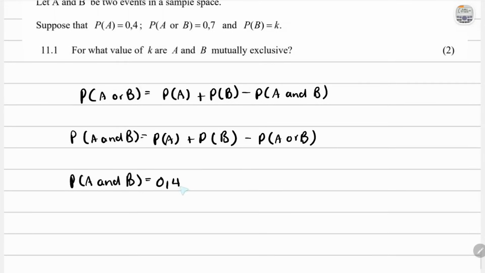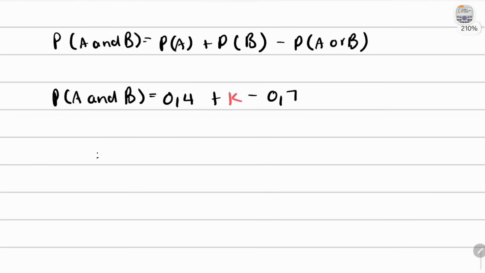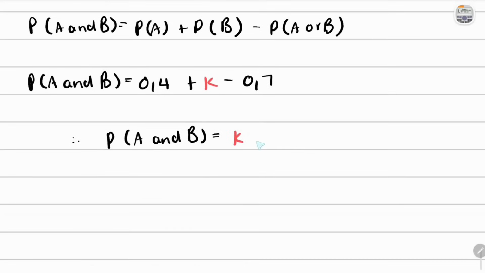So that is 0.4 plus the probability of B, which is K, and then minus the probability of A or B, which is 0.7. So this means that the probability of A and B is simply equal to K, and then we can say 0.4 minus 0.7, which is negative 0.3.